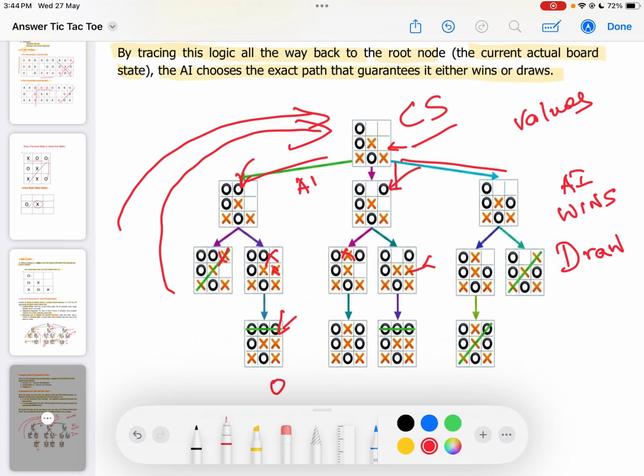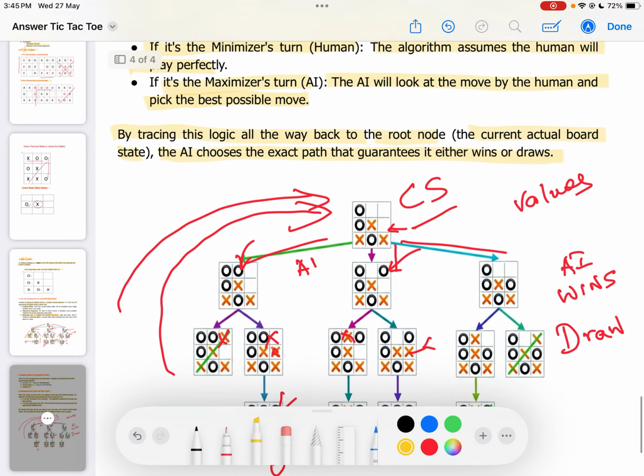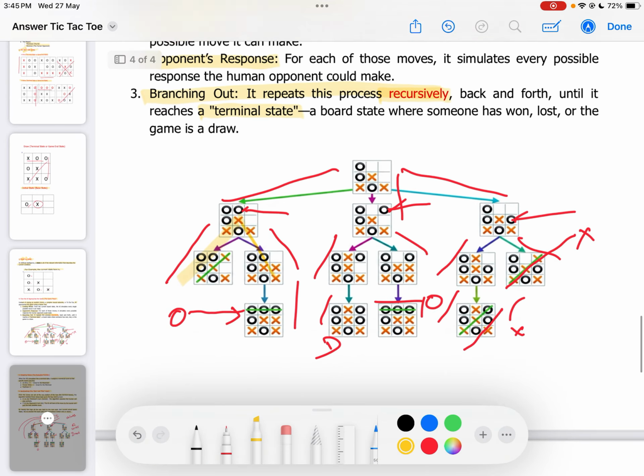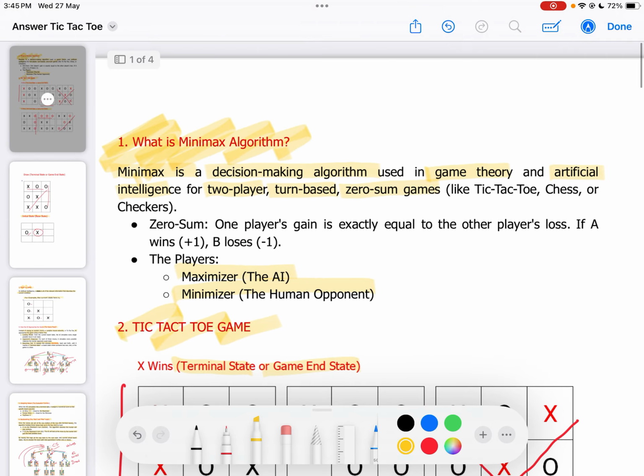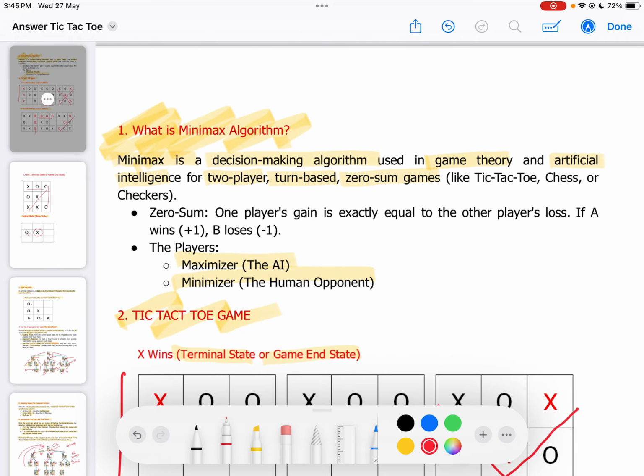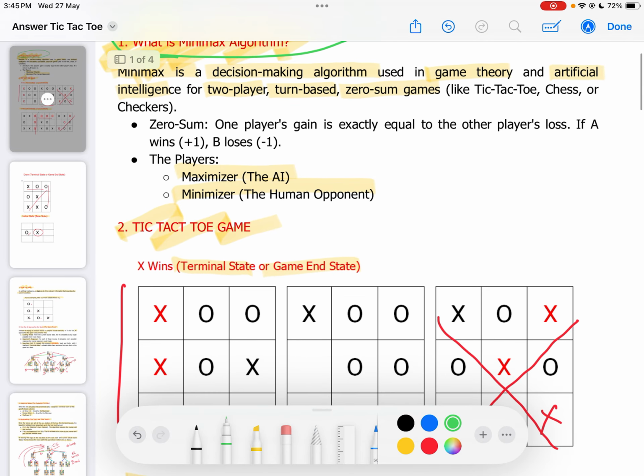Now the key things you should write: it's not about the game, here we have to write about the MiniMax algorithm. This is important: Tic Tac Toe, terminal state, game state.